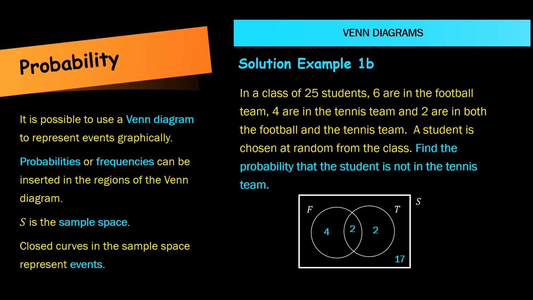And now for part B. We are required to find the probability that the student is not in the tennis team. So the probability that the student is not in the tennis team is 21, which is 17 plus 4, as shown, out of 25.